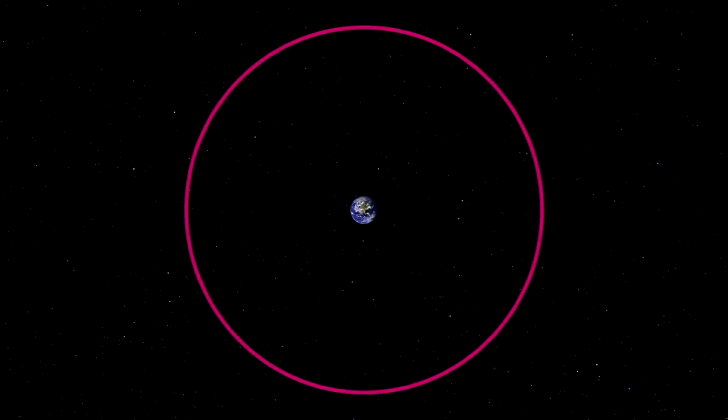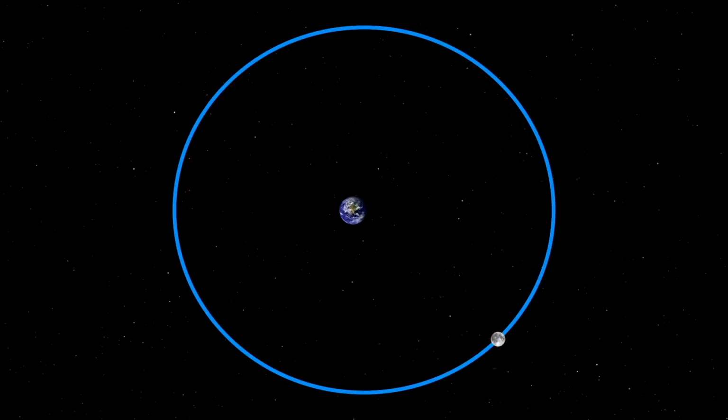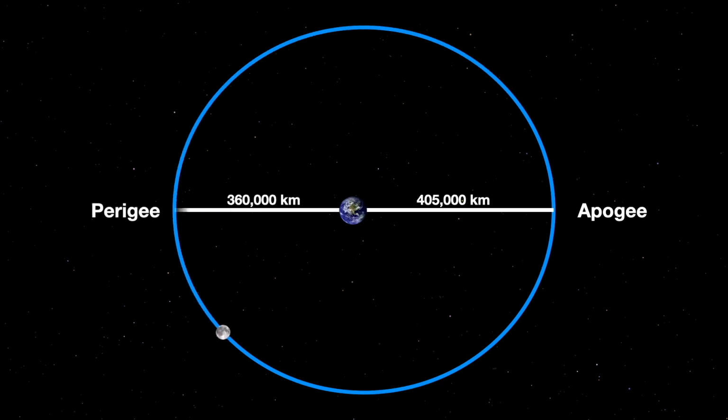The moon's orbit around the Earth is not a circle, it's an ellipse. As the moon orbits, it's sometimes further from the Earth, called an apogee, and then about 2 weeks later, it's closer to the Earth at perigee. The moon is 45,000 kilometers closer at perigee than at apogee.